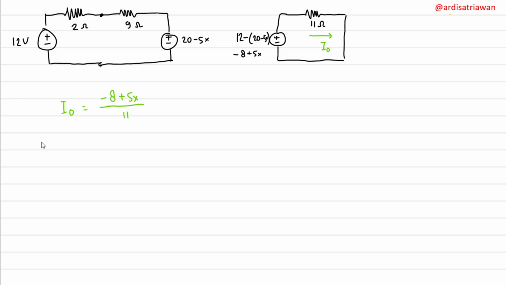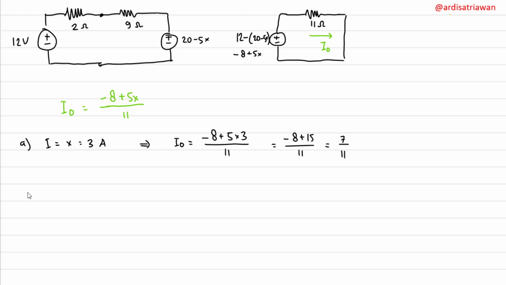So for the question A, when I is 3 ampere, our X will be 3 ampere. So we will have I0 equal to minus 8 plus 5 multiplied by 3 divided by 11. And I will have minus 8 plus 15 divided by 11, or we will have 7 over 11.